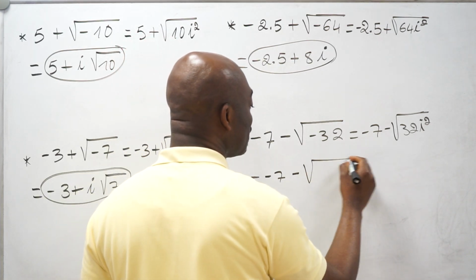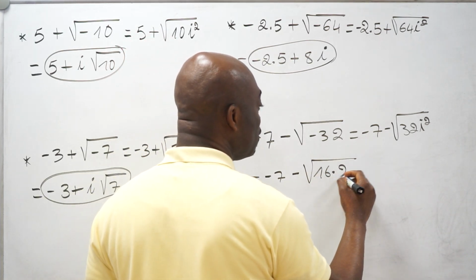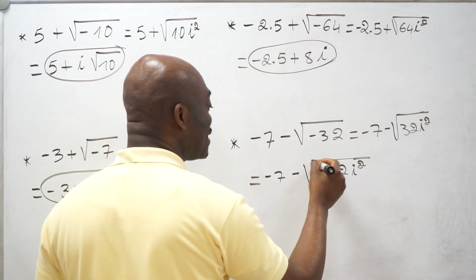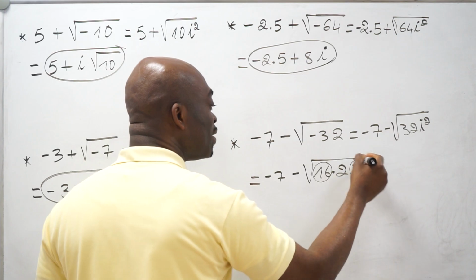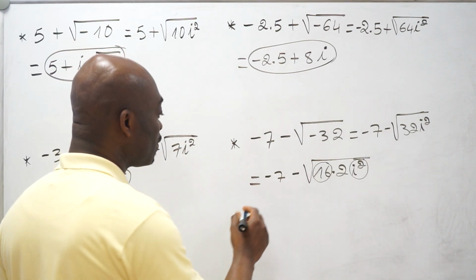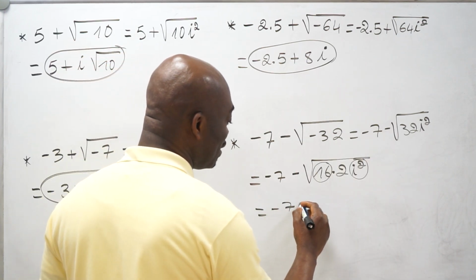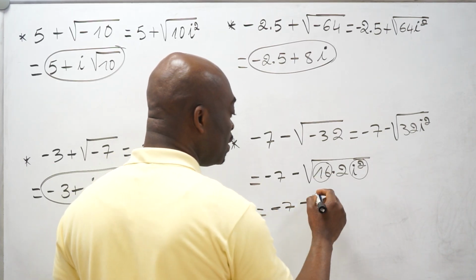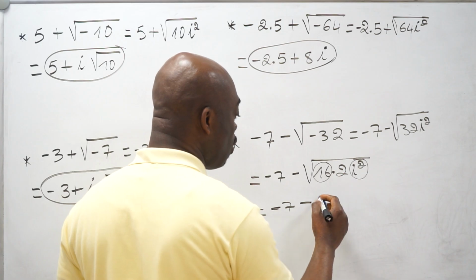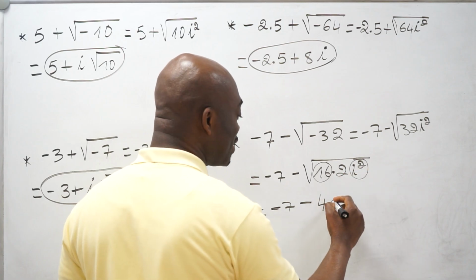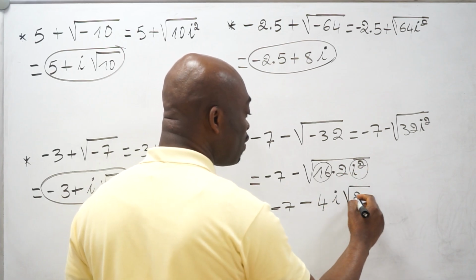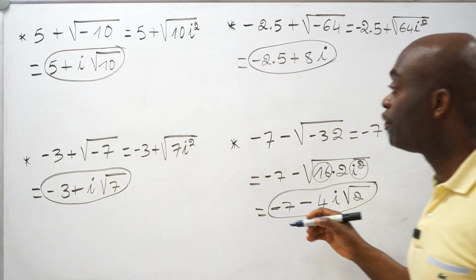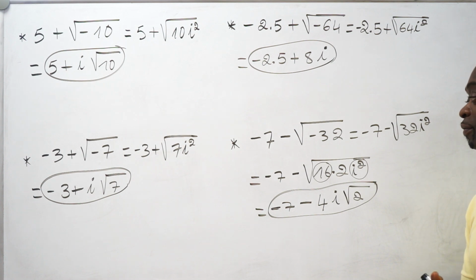So it's minus the square root of 16 times 2 times i to the second power. Anything that is a perfect square is going to come out. That means 16 and i to the second power. So that will give us -7 minus... the square root of 16 is 4. The square root of i to the second power is i. Square root of 2. And ladies and gentlemen, you are finished with the fourth question here. All right? Fantastic.